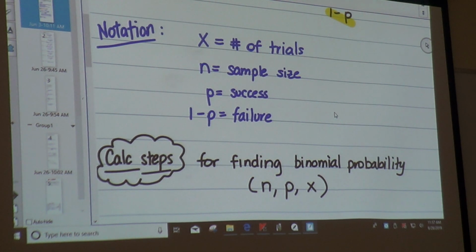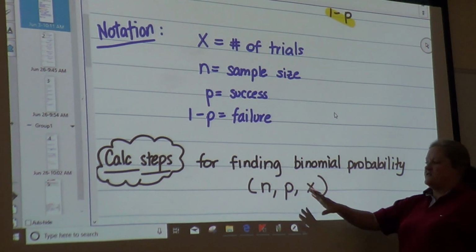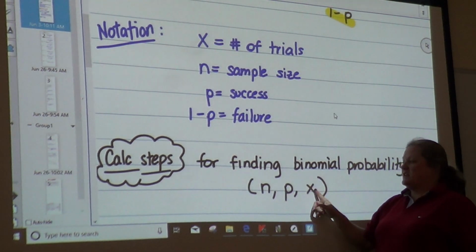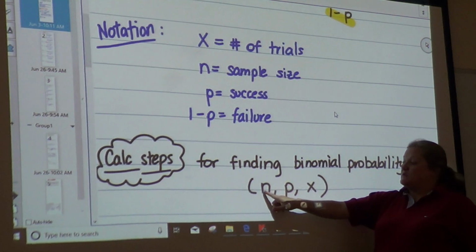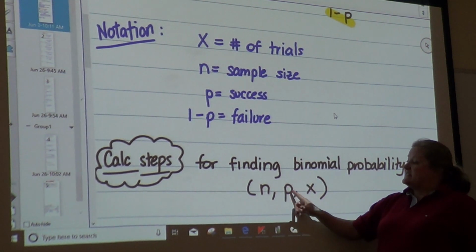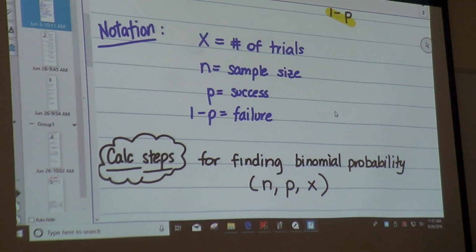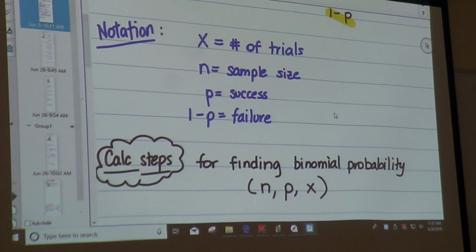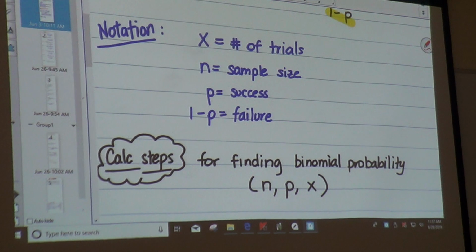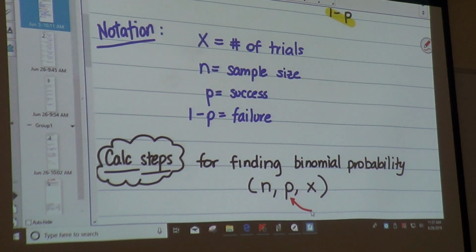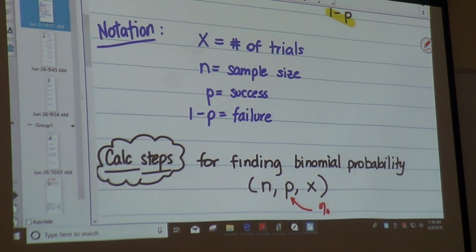So when we do the problem, we're going to be doing N, P, and X for the majority of the problems. Sample size goes first, success goes second, and then number of trials goes last. Now, when you're doing success, it is going to be the percent as a decimal.